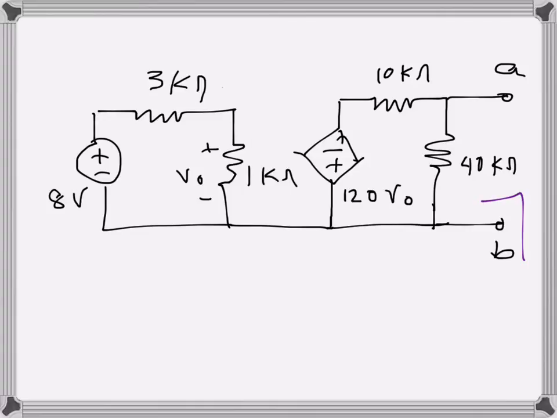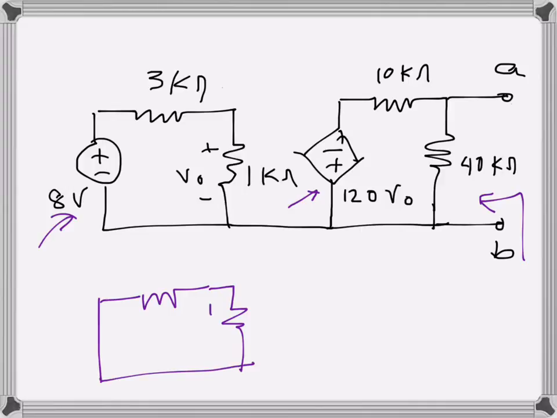To find the Thevenin's resistance as seen from here, I will connect a resistance. There is one independent voltage source and one dependent voltage source. The independent voltage source will be inactive, so that will be short circuited like this, but the dependent source will remain to calculate the resistance as seen from the other side.